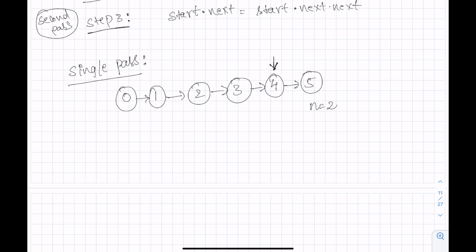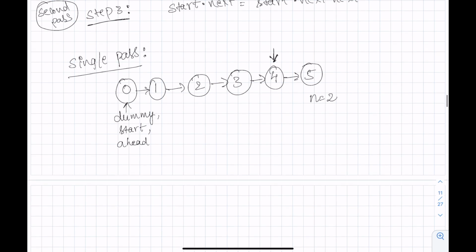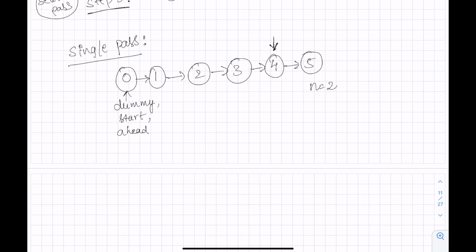Now we are going to create 3 reference pointers to this dummy node that we have created. One is dummy, another is start, and one more is ahead. The reason we are creating ahead is to help with the two pointers approach.